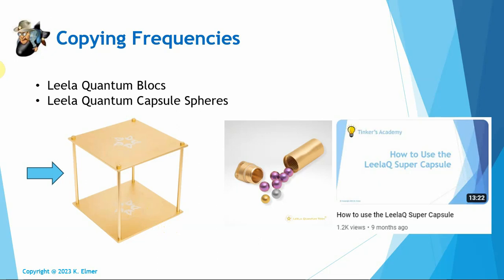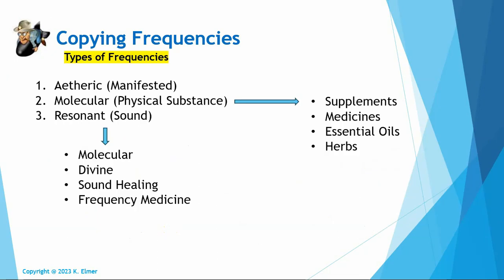Okay, so the very baseline to start off with, regarding copying frequencies, is to understand that there are three basic types of frequencies. The first one is the etheric frequencies, which are basically frequencies derived from the manifestation of somebody's intent.